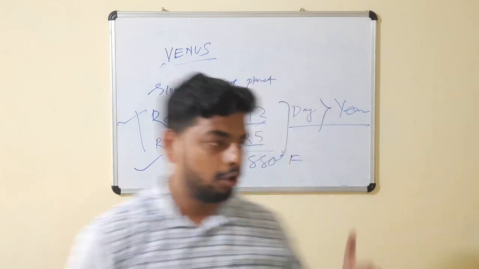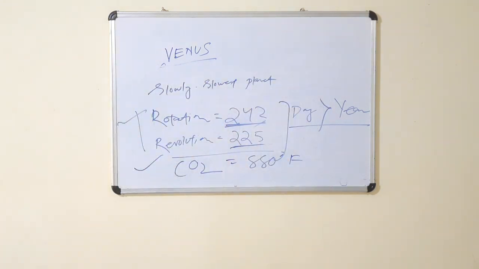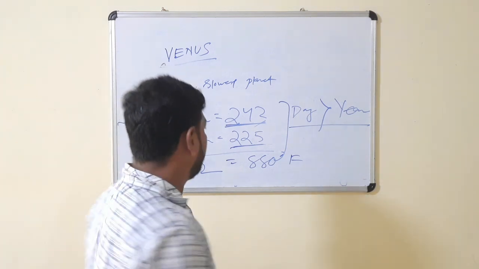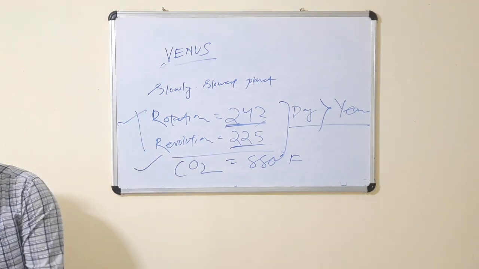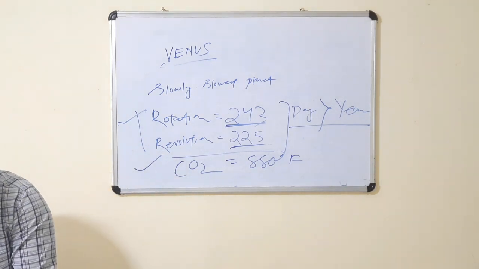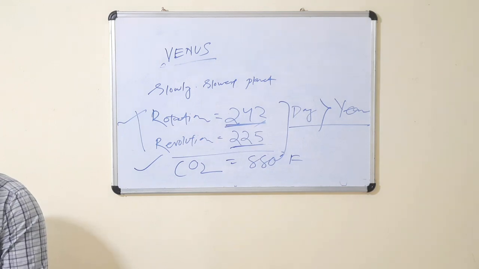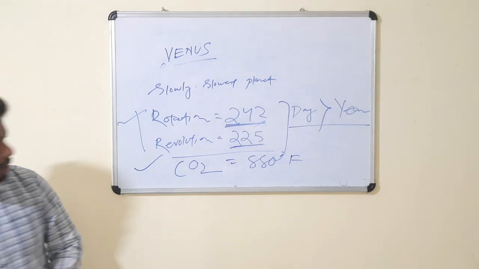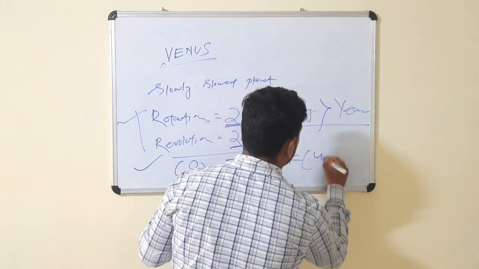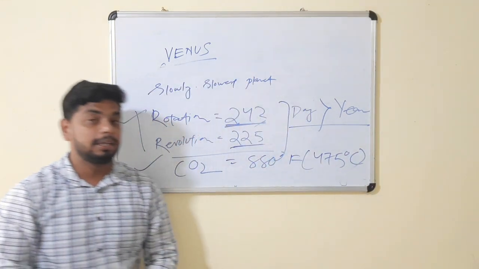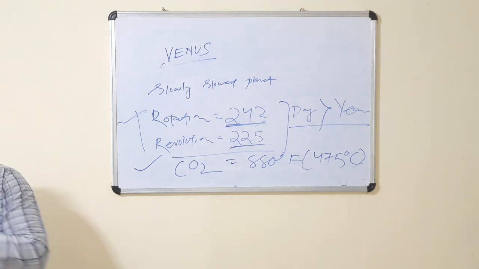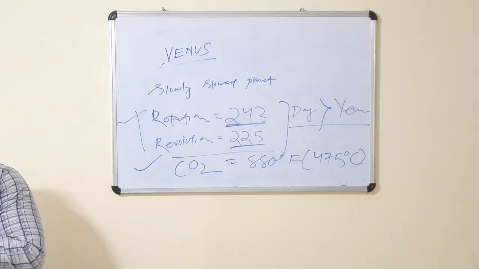Okay, dears, note it please. If we convert it into Celsius, it will be about 475 degrees Celsius. So please compare the case of Mercury and Venus.